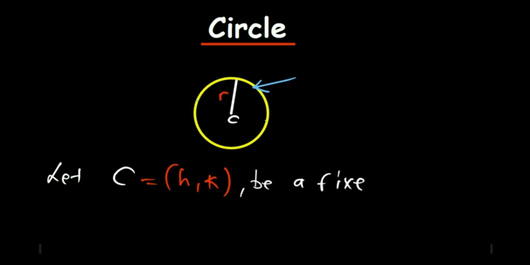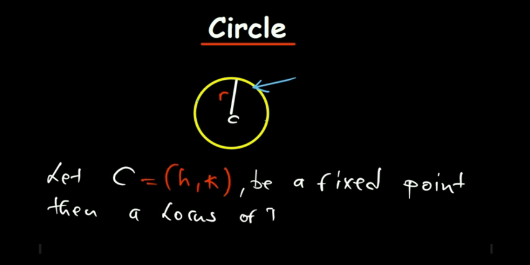So I'm giving you the formal definition. Let our center h comma k be a fixed point, then a locus. A locus is like a set of something. In this case, mathematically, we are talking about a locus of points, so a set of points.